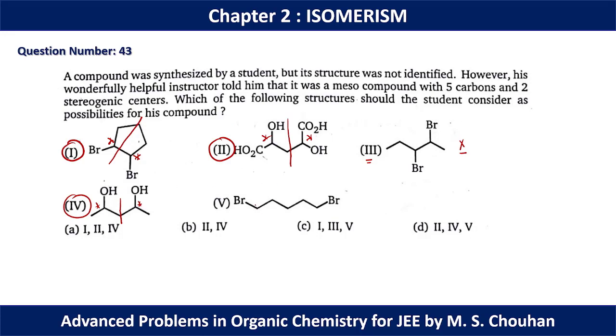In the fifth molecule we have 5 carbons, but we don't have any chiral center. If chiral centers are absent, it cannot show any optical activity. Meso compounds are only possible when chiral centers as well as sigma symmetry are present. In molecule 5 we don't have any chiral center, but sigma symmetry is present, so it can't be a meso compound. So 1, 4 and 2 are the molecules which are going to be the options for this question. That's why in question number 43, option A is the correct option.